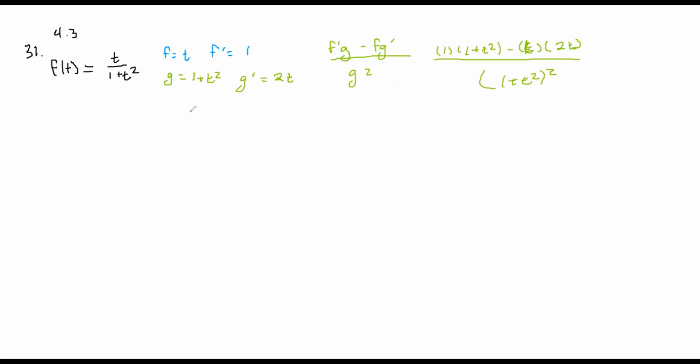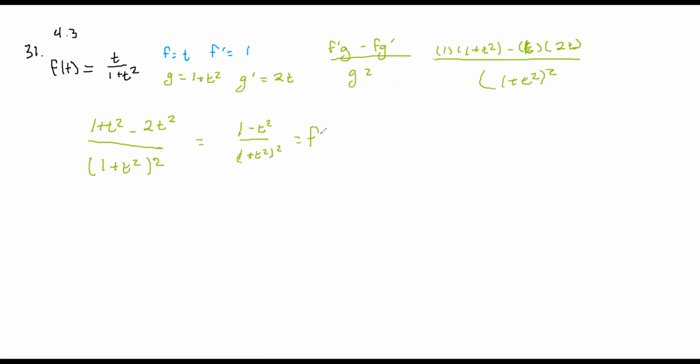So this is going to simplify out to be 1 plus t squared minus 2t squared all over 1 plus t squared squared, which is 1 minus t squared over 1 plus t squared squared.